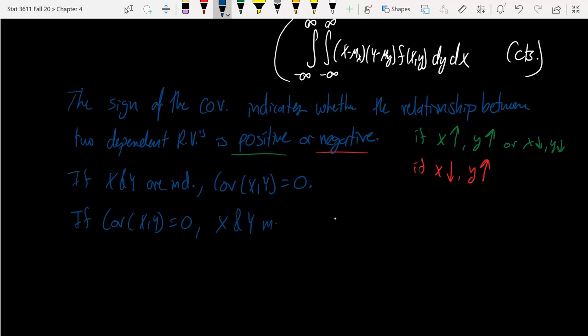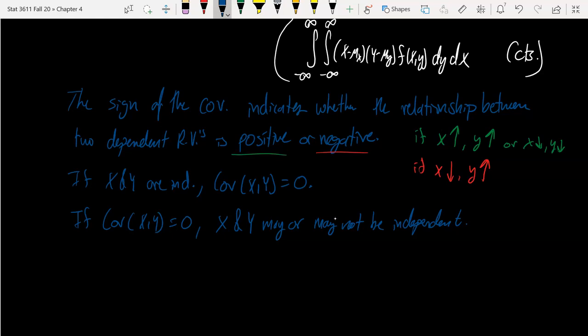X and y may or may not be independent, all right?